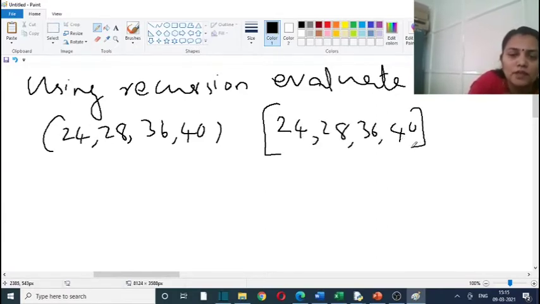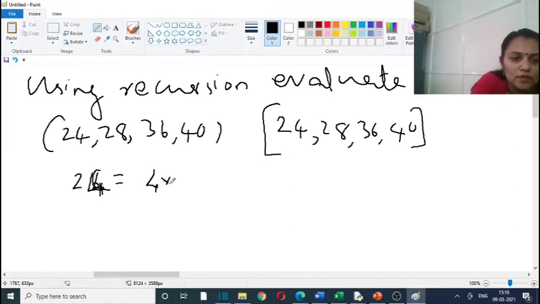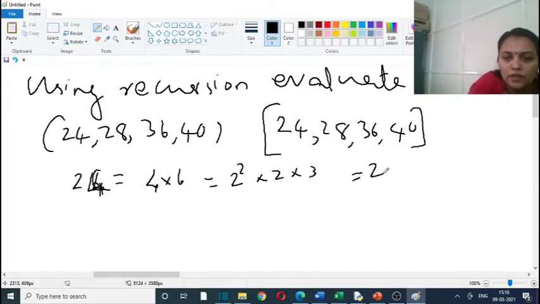Problem: using recursion, evaluate GCD of 24, 28, 36, 40 and LCM of 24, 28, 36, 40. Now first we have to write the canonical decomposition. 24 is equal to 4 into 6, which is equal to 2 square into 2 into 3, which is equal to 2 cube into 3.